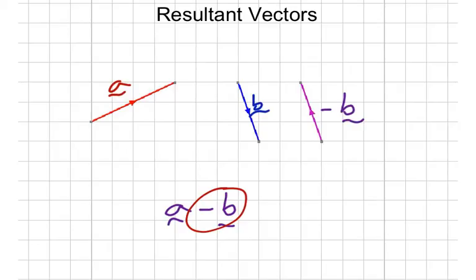Now to do A minus B, we put minus B on the end of A. So we shift minus B over so the start of minus B goes on the end of A, which gives us that up there. So this is now minus B up here.